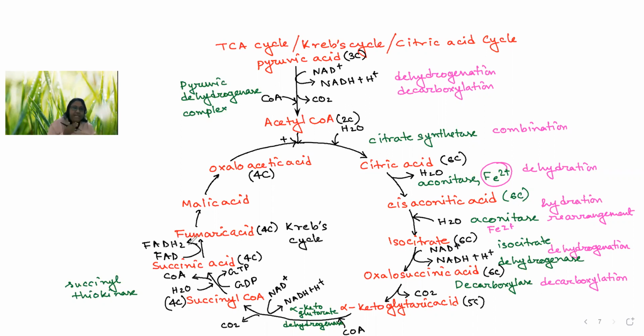The way from NADH plus 3 molecules of ATP is produced, from FADH2 2 molecules of ATP will be produced.